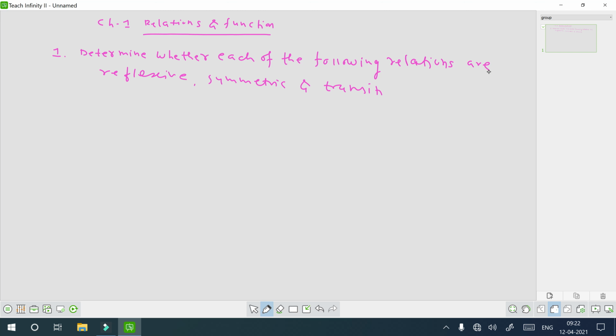That means we have to check it. And one more definition: if R is any relation on set A, and R is reflexive, symmetric as well as transitive, then that relation is called an equivalence relation. Here we are going to check these conditions.